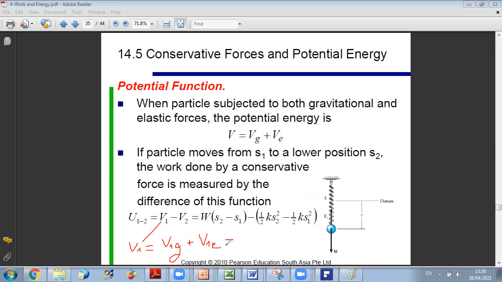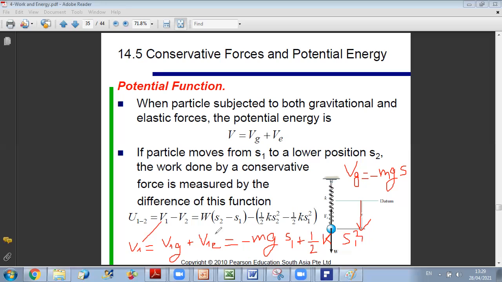For the gravitational potential, we said that when the coordinate is downward, what is V gravitational? It is minus. Why minus? Because we are below the datum when S is positive. So it is minus mg times S. So if I want V1 gravitational, it will be minus mg S1, and the elastic potential will be plus half k s1 square.